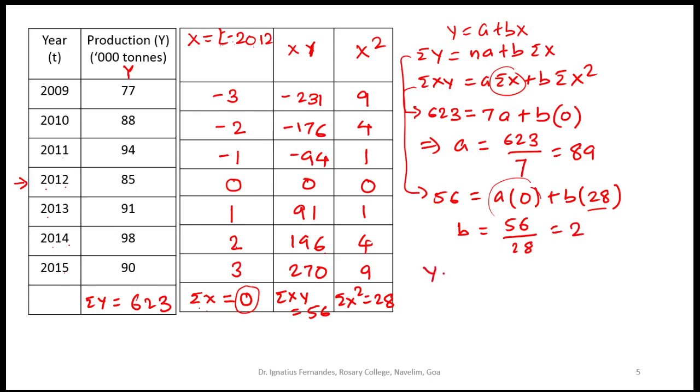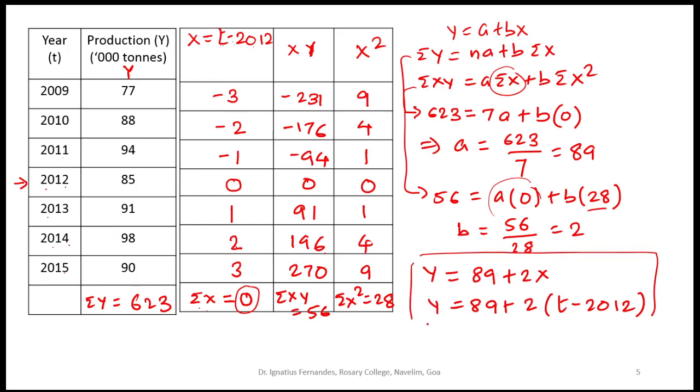So the equation that we are looking at is y is equal to a, that is 89, plus b, that is 2, into x. Now if I want to transform it into the original form, that is in t, I can always write it as 89 plus 2 into (t minus 2012). So this is the equation of the line that we are looking at, the equation of best fit.